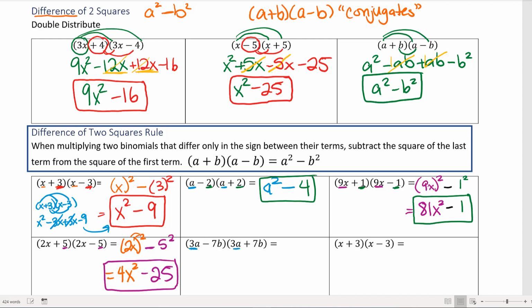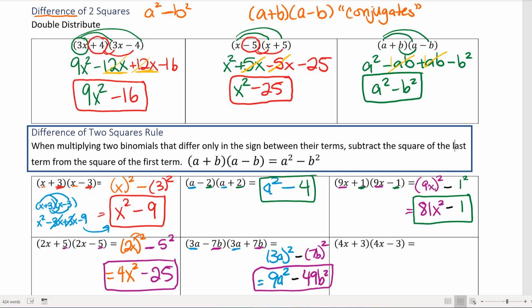Now we have 3a times 3a, which gets you 9a squared. And then we have a minus because there's a minus in the formula. And then we have 7b times 7b, which is 49b squared. Now, if you want to jump straight to the answers on these and not show any work, you are fully welcome to do that.